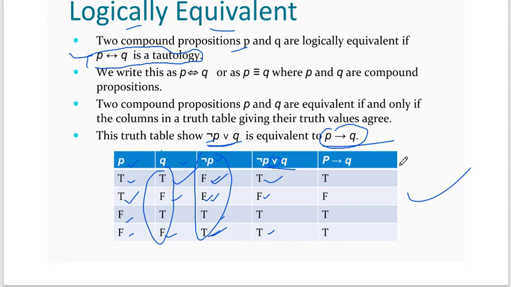Here the condition is if then. So let's recall one example about this condition: if I win the election, then I will reduce taxes. So if I win the election and I reduce taxes, then the statement will be true. I win the election but I will not lower the taxes, then this statement will become false.